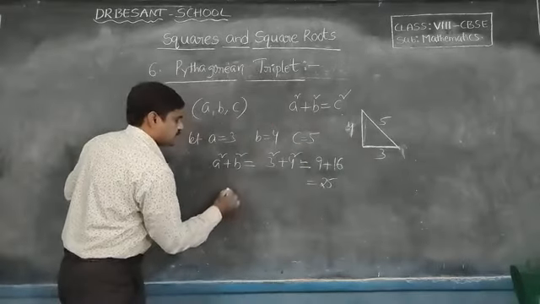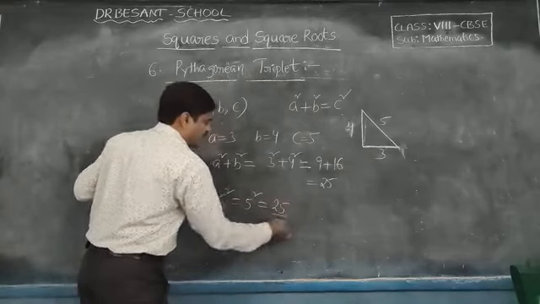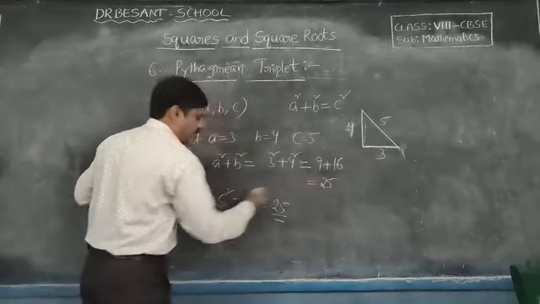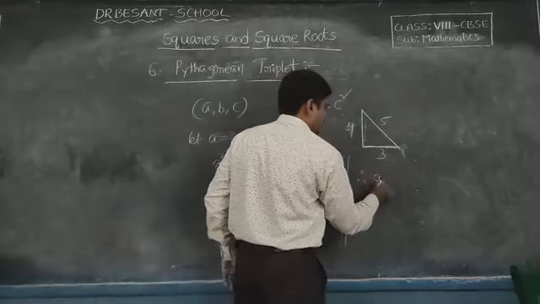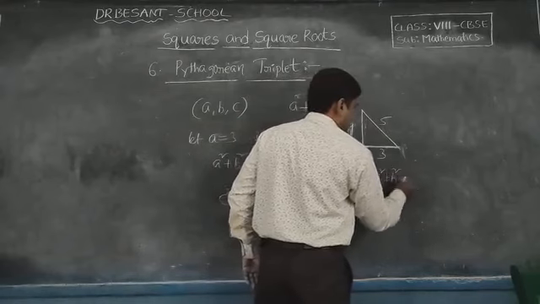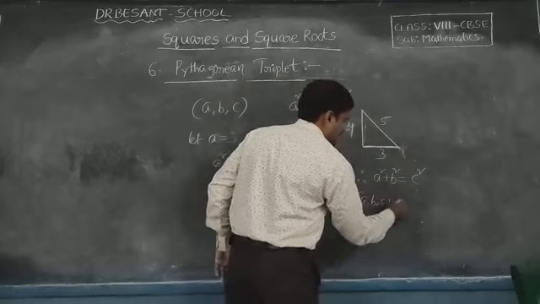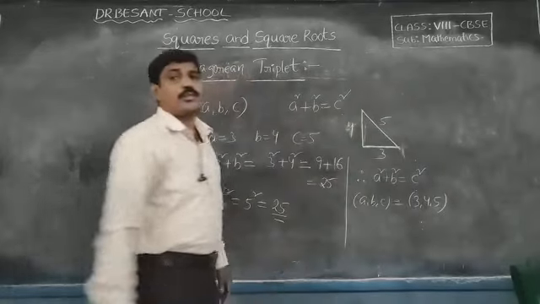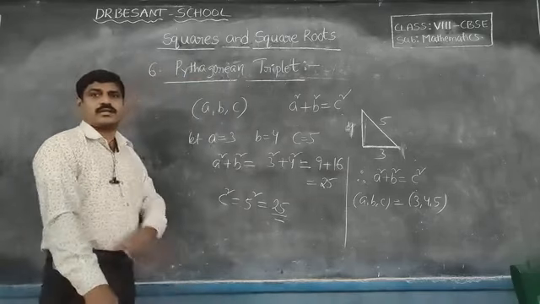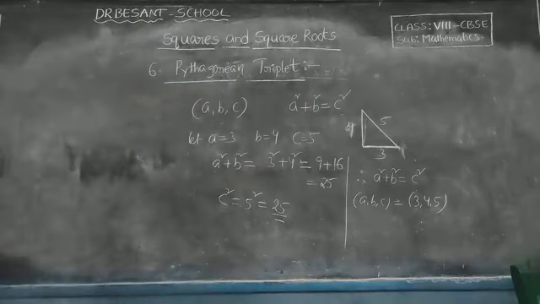What about C square? 5 square is 25. Then A square plus B square is equal to 25, C square also 25. Therefore A square plus B square is equal to C square. So ABC is equal to 3, 4, 5. This is called Pythagorean triplet. Next, one more observation.